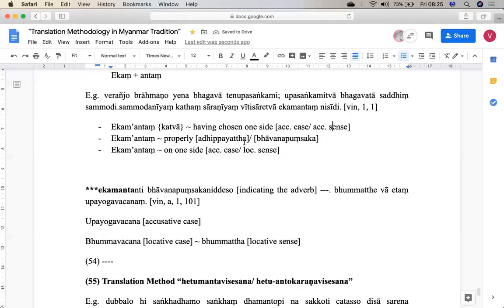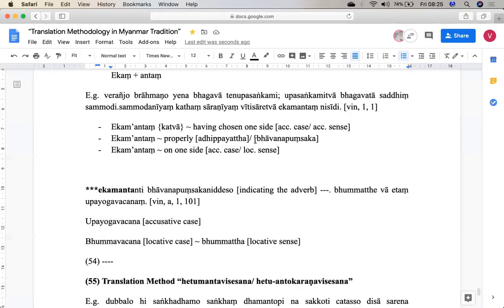The second one, ekam and then, adverbial sense, bhava nabosaka, adebhayata, properly as the adverb. And the last one, ekam man then, accusative case, located sense, on one side.